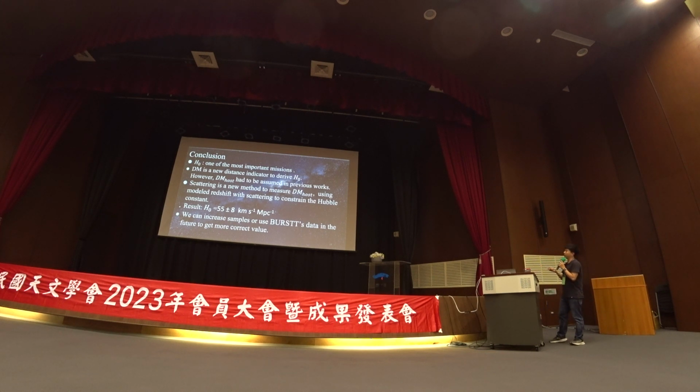We have a new method using scattering to measure DM host, and using model redshift with scattering to constrain the Hubble constant. Our result is 55 plus or minus 8. And in the future, we can increase the sample or use the BURST data to get a more correct value. Thank you.